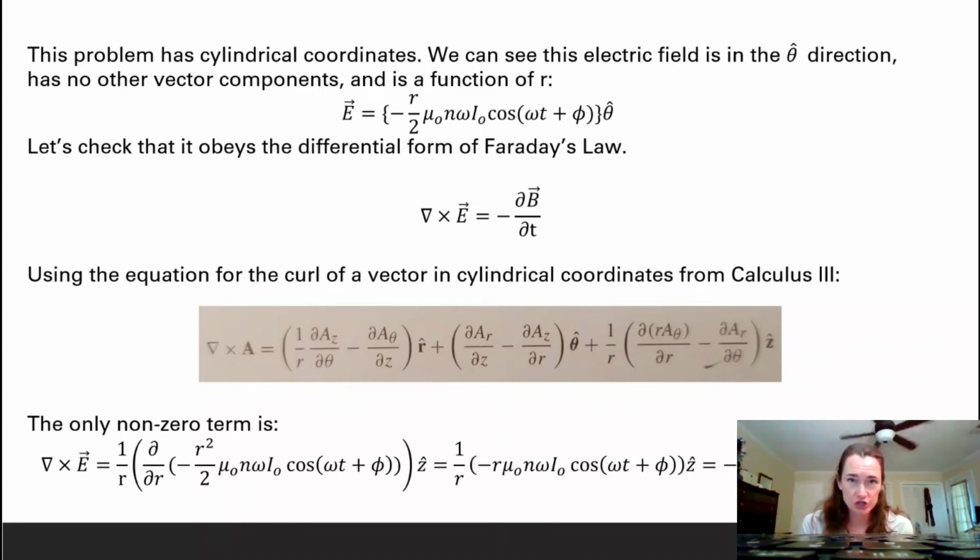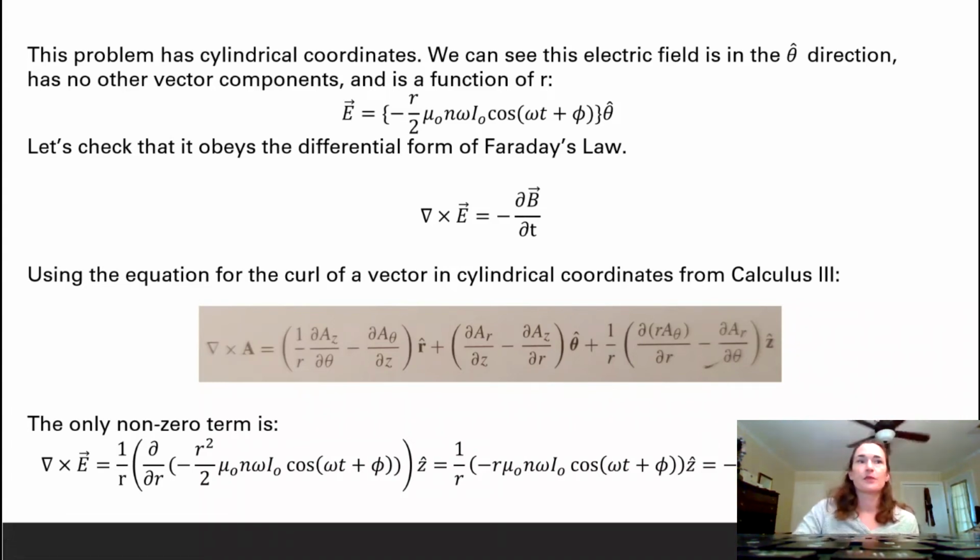Now when you take the partial with respect to r of r squared, you get 2r. And then the 2 up top cancels out with the 2 down bottom, and you end up with 1 over r times minus r mu naught n omega I naught cosine omega t plus phi. And this is all in the z hat direction because of the definition of this curl of E. Then the 1 over r cancels out with the r, and you end up with negative mu naught n omega I naught cosine omega t plus phi in the z hat direction. So that's our curl, okay?